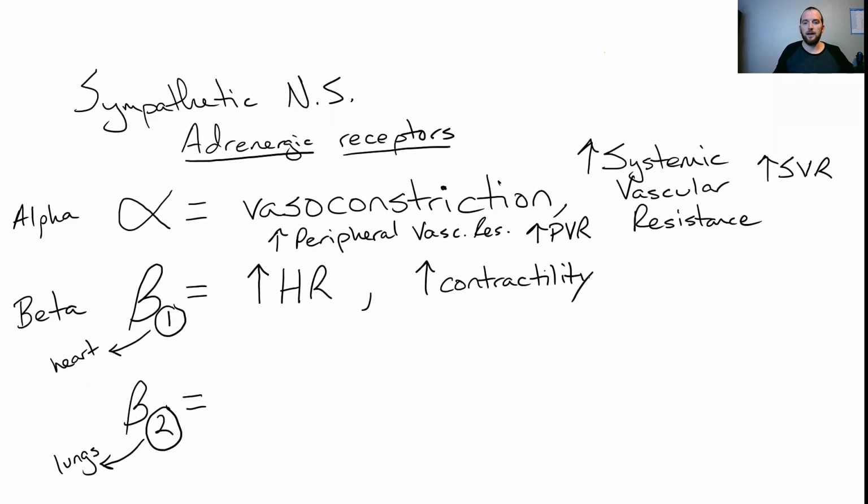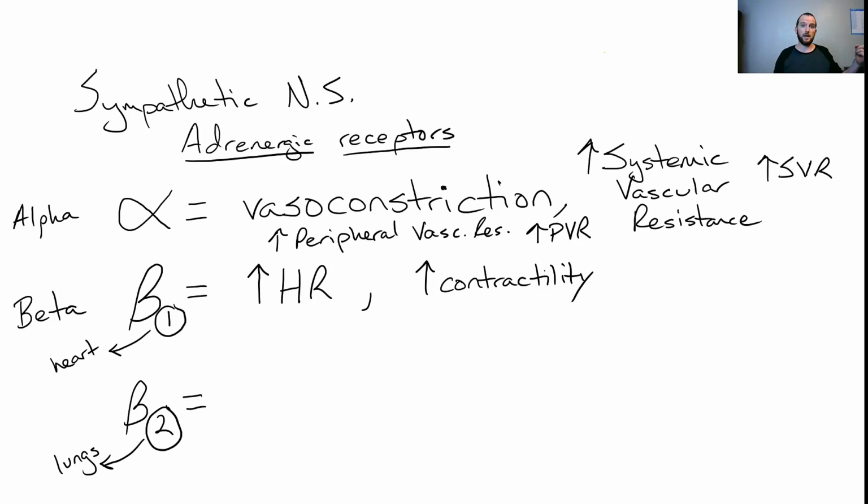Contractility is how hard the heart's actually pumping. A lot of times these concepts go together, but we can talk about them as isolated individual terms and then think about their effect on blood pressure. If somebody's heart rate was 60, but the contractility, the strength of the contraction, was very weak, we have a heart beating 60 times a minute with a really weak contraction, versus a heart beating 60 times a minute with a strong contraction.